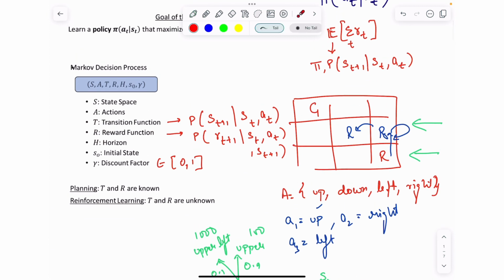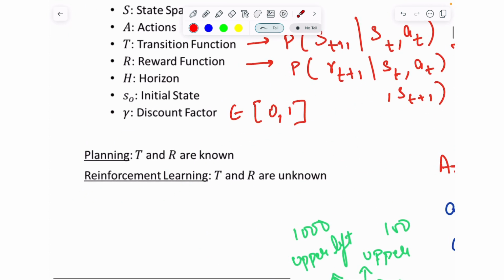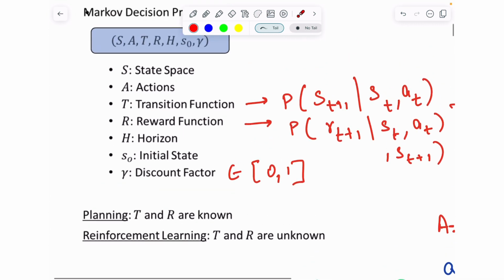Okay, so this is the story of what gamma is. Once we have defined these particular 5 or 7 pair tuple, we are good to go to apply any sort of reinforcement learning or planning algorithm, right? The difference between planning and reinforcement learning is that in the case of planning, you are already provided the values of transition and reward functions.